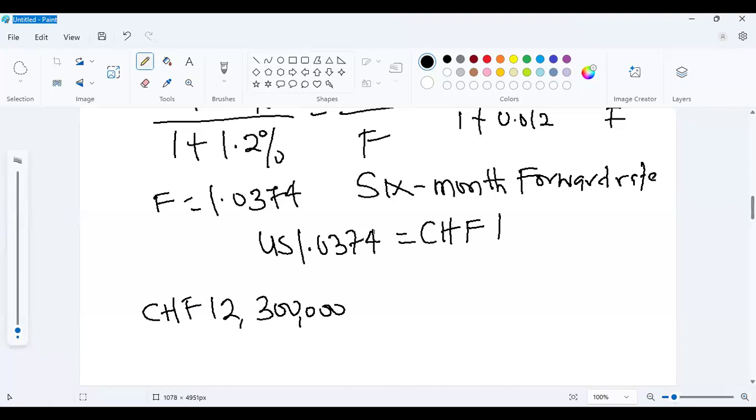Please note, if you are given direct quotes and you want to convert foreign currency to your domestic currency, in this question our domestic currency is dollars and the foreign currency is CHF, you are going to multiply by the rate. We now multiply by 1.0374. This will give us the dollar equivalent we are expecting. Please multiply.